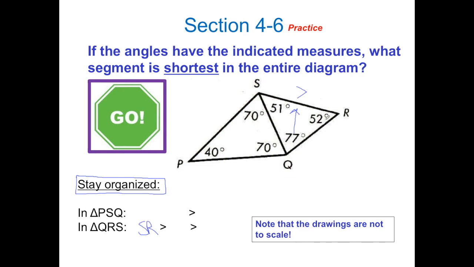Neither will SQ, because 52 is the next angle we'd look at, somewhere in between. So SQ is the second largest side in this triangle. That means QR is the shortest side in this triangle. So length QR is what we write here for the shortest side.